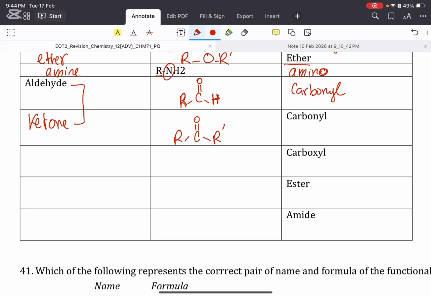I'm going to write it R and R prime because probably the chains are not symmetrical, or I can have, for example, a ketone with one CH3 from this side and CH3, CH2 from the other side. So that's why I wrote R and R prime, because the carbon chains could be different.